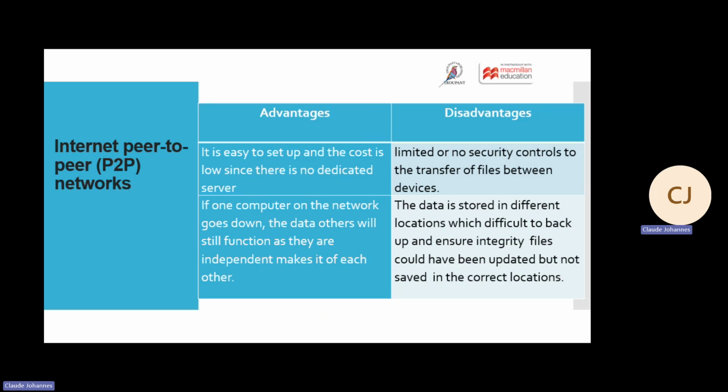Disadvantages: there are limited or no security controls for the transfer of files between devices. The data is stored in different locations, which is difficult to back up, and the integrity of files is at risk, as files could have been updated but not saved in the correct location. Right?